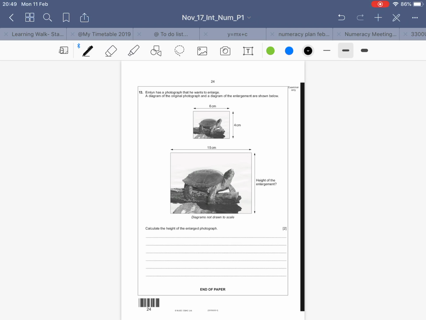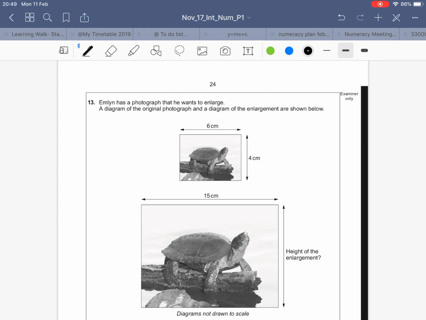Question 13. We're looking at two photos of a beautiful tortoise. And we are told in question 13 that Emlyn has a photograph that he wants to enlarge. The diagram of the original photo and the enlargements are shown. So I can see that the length of this diagram used to be 6 and now is 15.